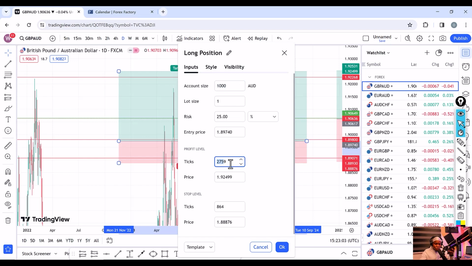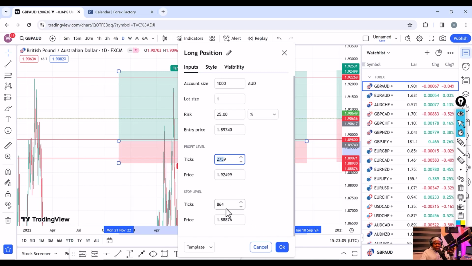You ignore this last one, divide it by 10 to give you 275. Then your stop loss, you can see 864 divided by 10 to give you 86.4. So my stop loss is 86.4, my take profit is 275.9.